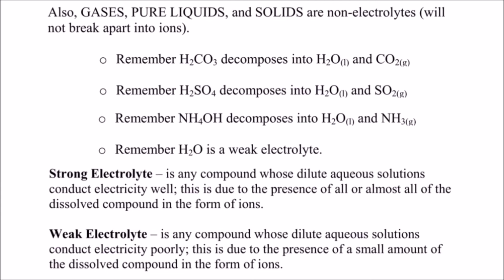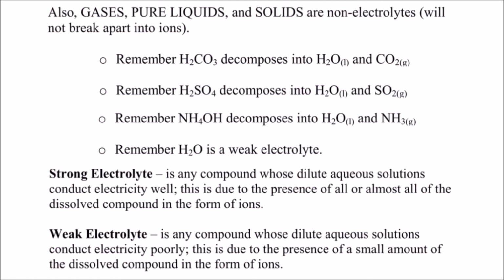Same thing here, if we have a gas, that's going to change into a liquid, and that's a gas. Ammonium hydroxide decomposes into these products, and water is a weak electrolyte. So you need to remember all of those things and make sure that you can apply them for the section that's going to come up in just a minute.